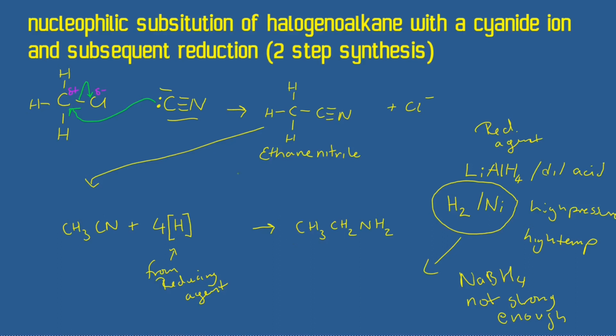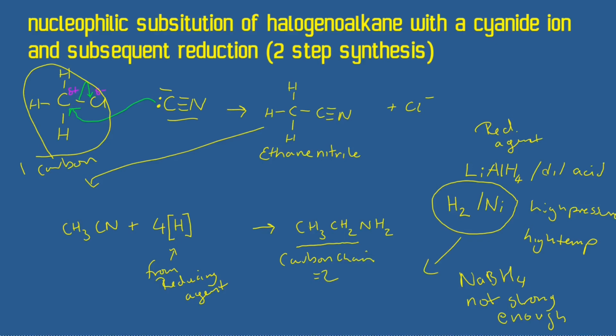Now one thing to notice, here we started with a carbon chain of 1 carbon in length. When we finish down here, we've got a carbon chain 2 in length. So this becomes synthetically useful because adding nitriles in allows us to build our carbon chain up a bit.